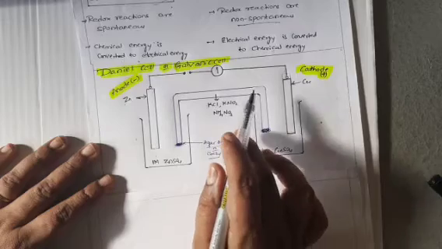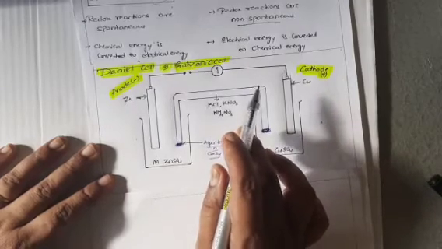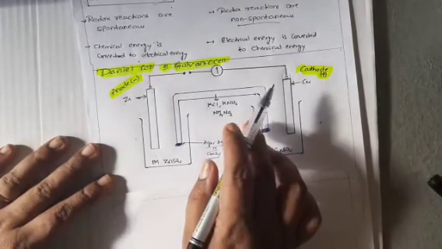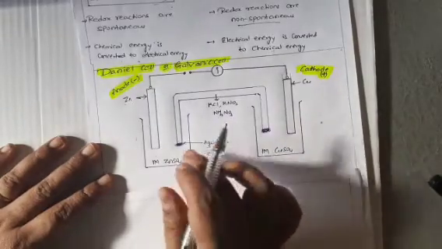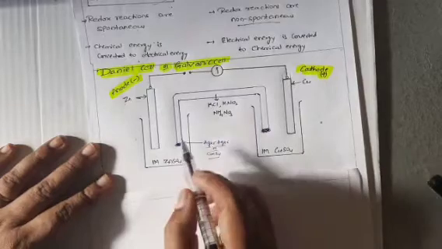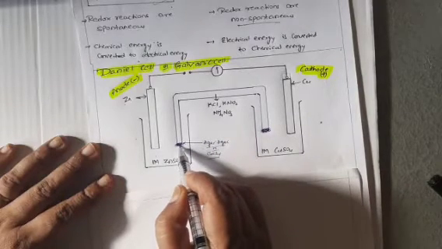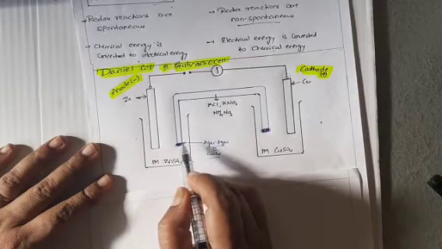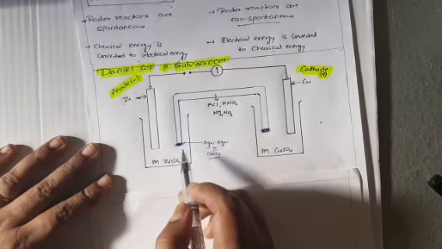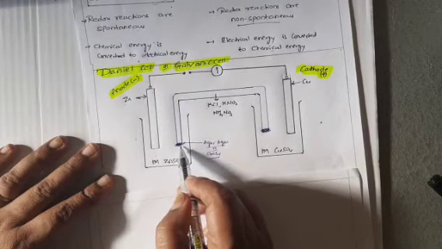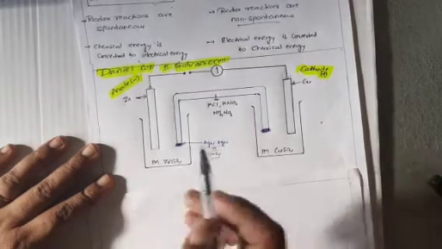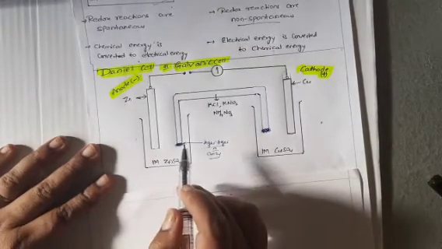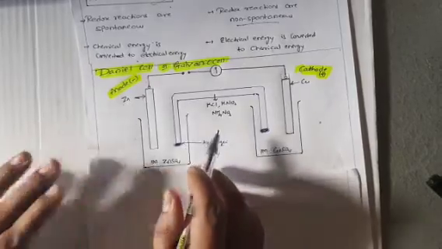I am repeating, semi-liquid state. Why semi-liquid? Because we have taken it as an inverted U-tube, it doesn't flow through the mouth. If we take it in liquid form, it will flow through the mouth and connect to the outer electrode. So to avoid that, we have to take it in semi-liquid state.